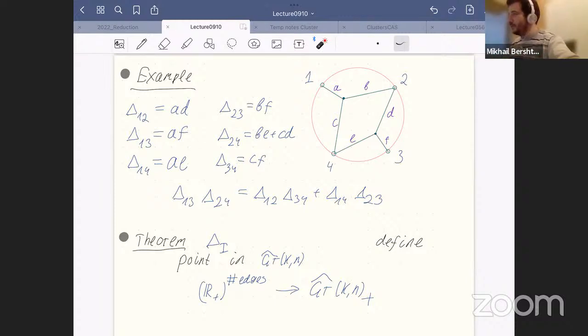Do these variables on edges, can they be identified with something we saw in previous lectures?